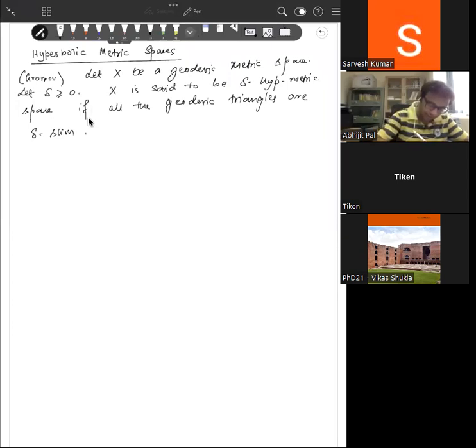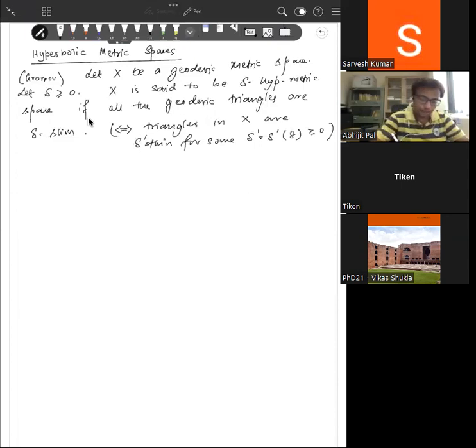So this is equivalent to saying that, if I assume that all the geodesic triangles are delta slim, this is equivalent to saying that triangles in X are delta prime thin, for some delta prime depending only on this delta.